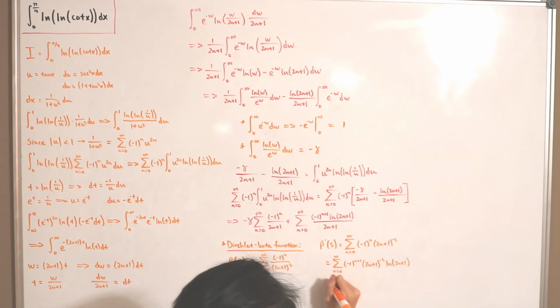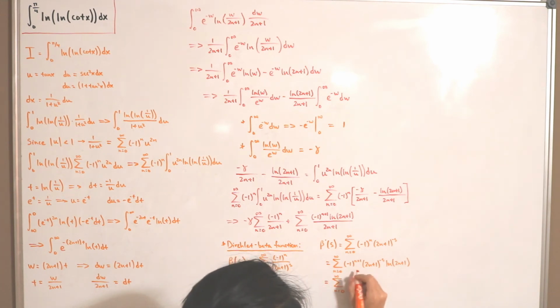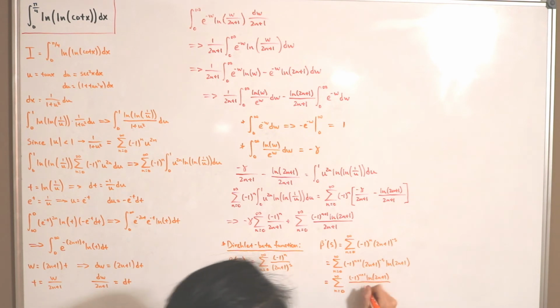Continuing further, I can simplify this as negative 1 to the n plus 1, then natural log of 2n plus 1, divided by 2n plus 1 quantity to the power s. Let me write that a little better.